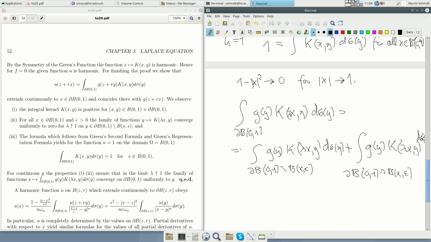And then we want to subtract g(x). Now we take the difference, and we do the same thing for the difference. So we calculate. First observe, by the second property, this goes to 0 for lambda going to 1, and x in this ball. So this goes uniformly to 0.